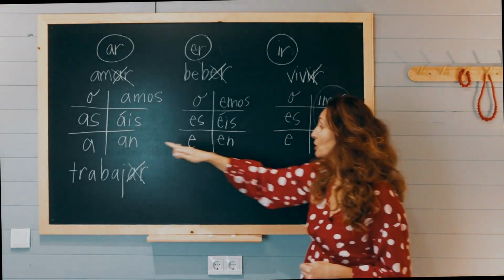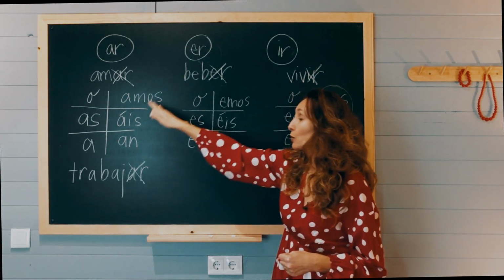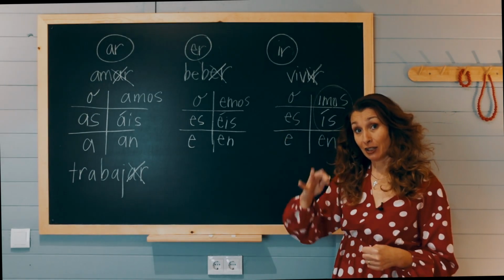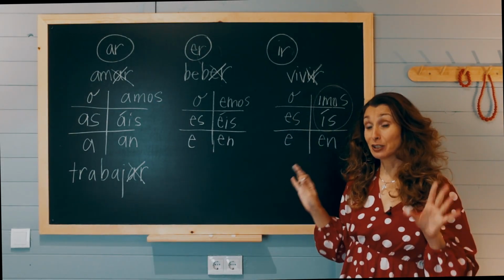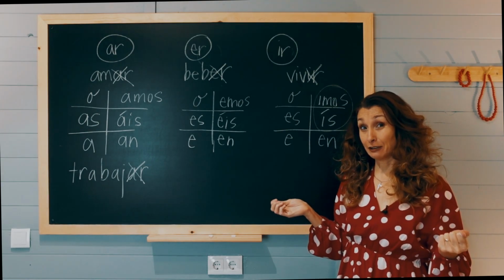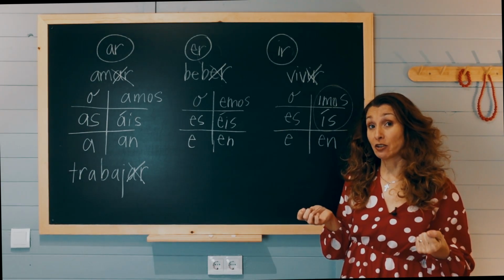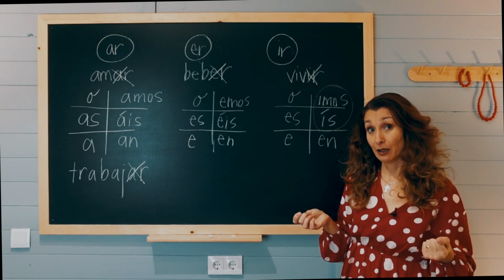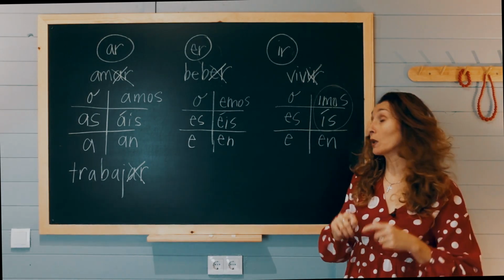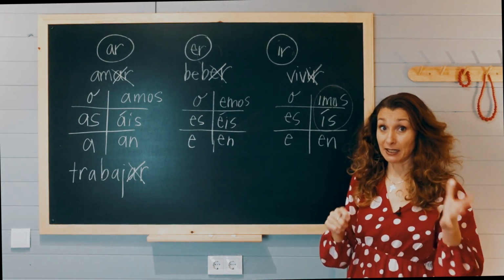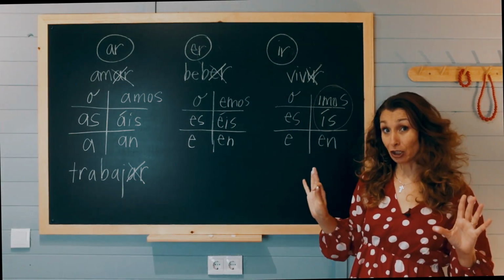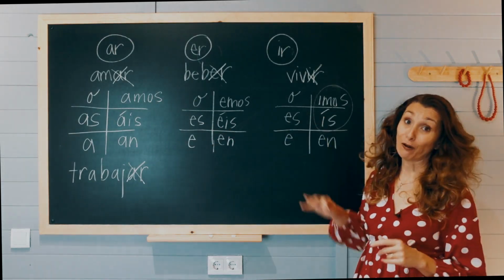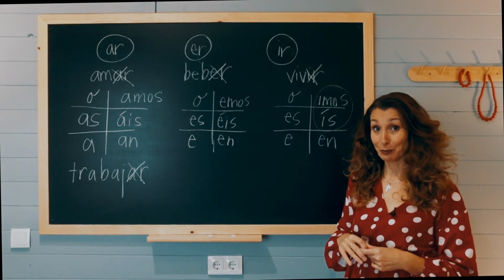And that same root is what we were using when we were adding these endings, okay? So the root did not change. With irregular verbs, we do see some changes in the root itself, okay? But we will come to the irregular verbs in another lesson. For the time being, just remember that regular verbs will follow this rule.